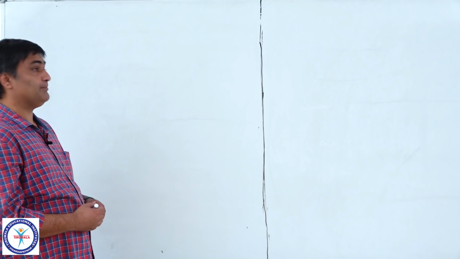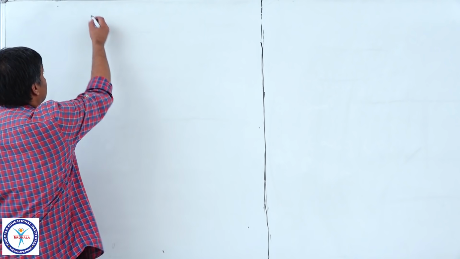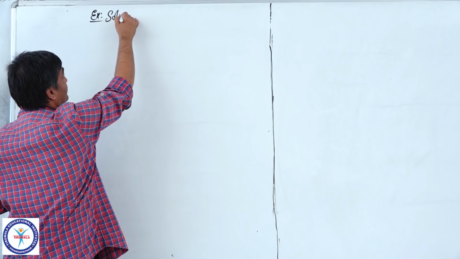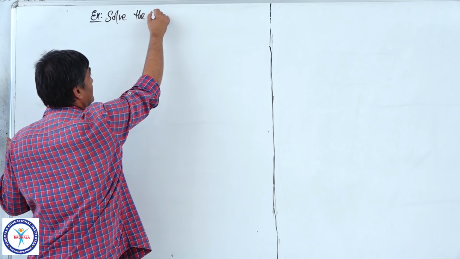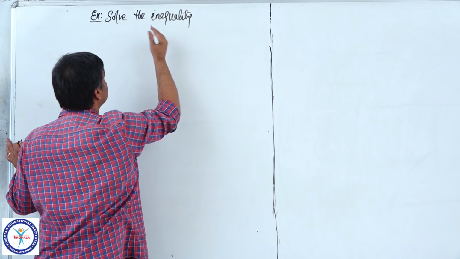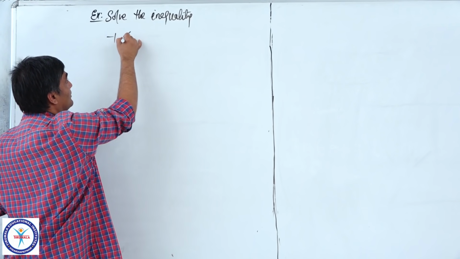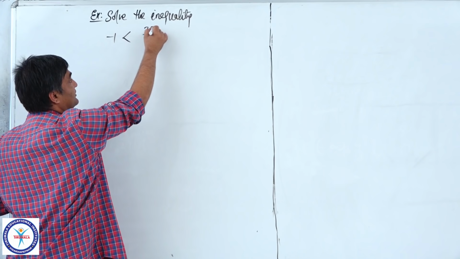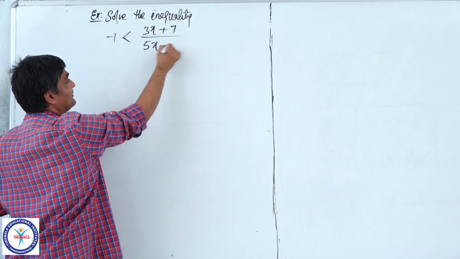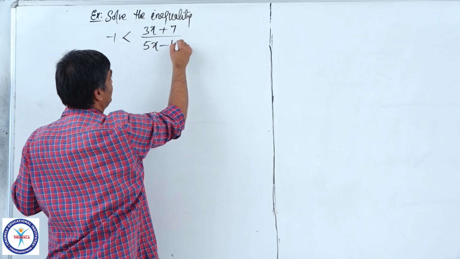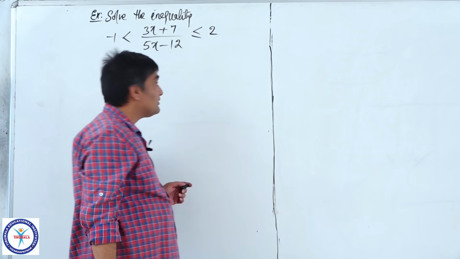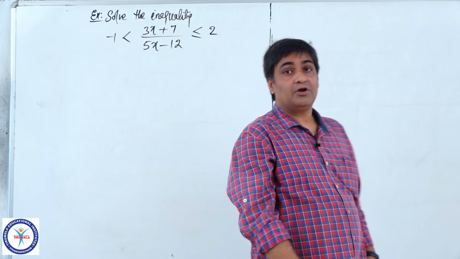One more example of Webber method. Solve the inequality: three x plus 7 upon 5x minus 12, like this.